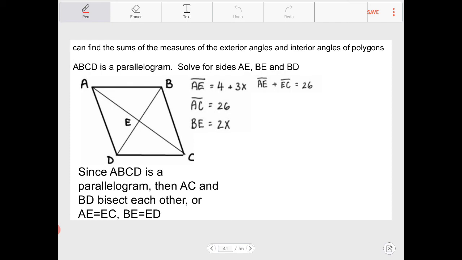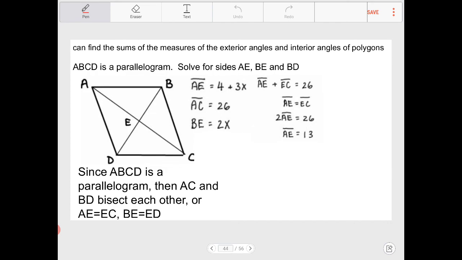But since AE and EC are the same, we can say 2 times AE is equal to 26. So we can solve for what AE is. We can divide both sides by 2. So AE is equal to 13.